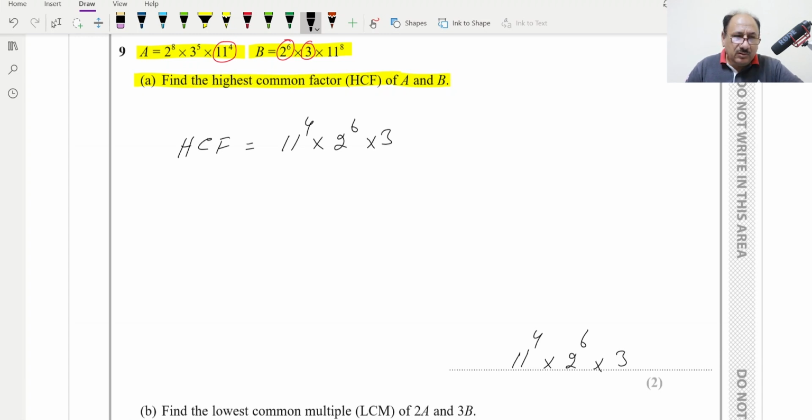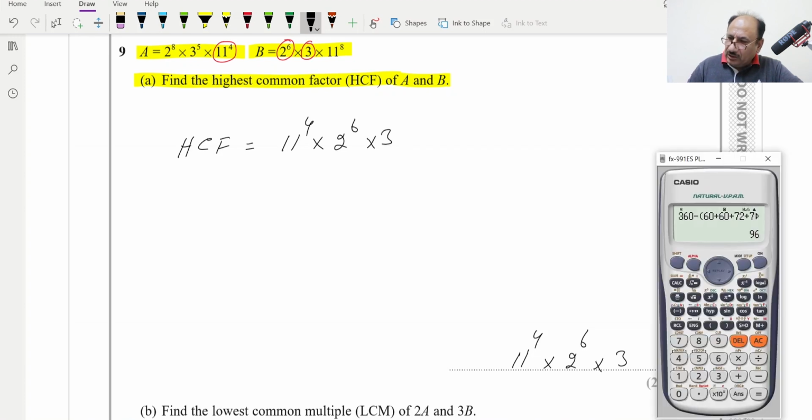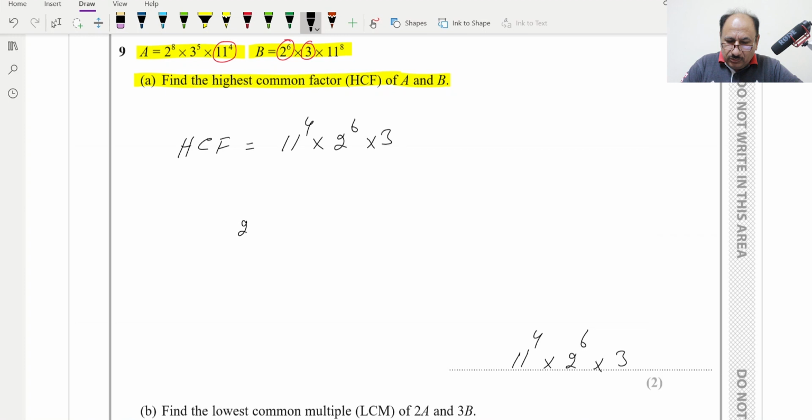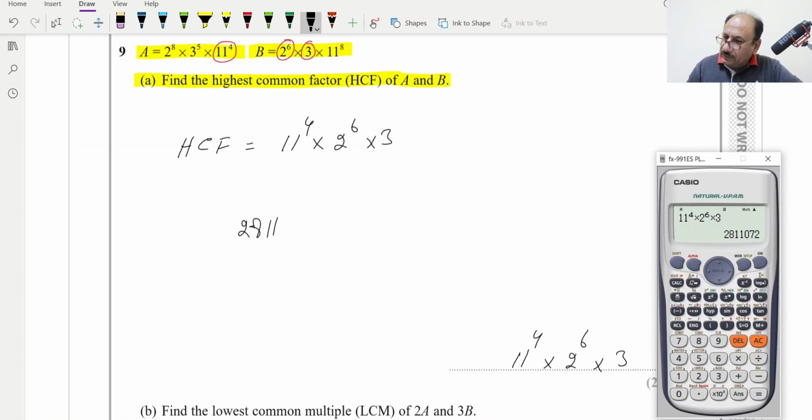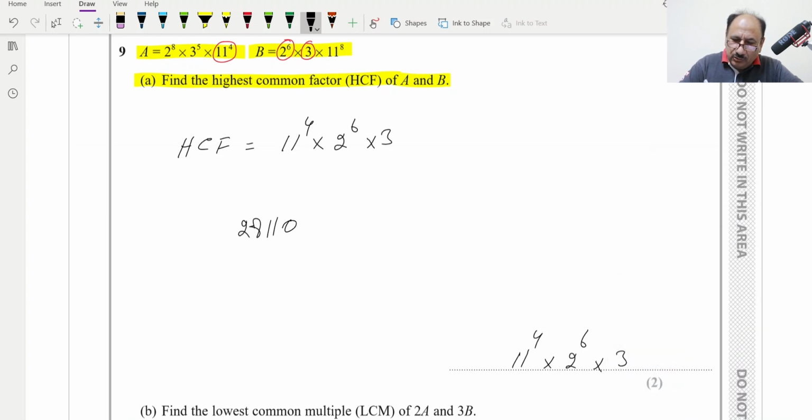You can write the answer like this, or you can just use a calculator to calculate 11 raised to the power 4 into 2 raised to the power 6, multiplied by 3, and this is equal to 2811072.